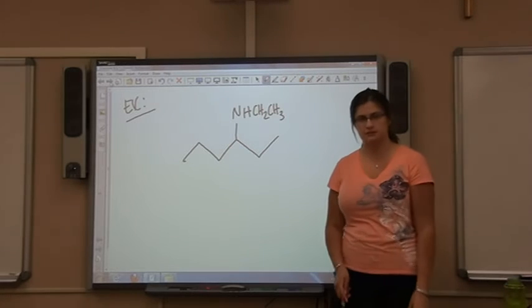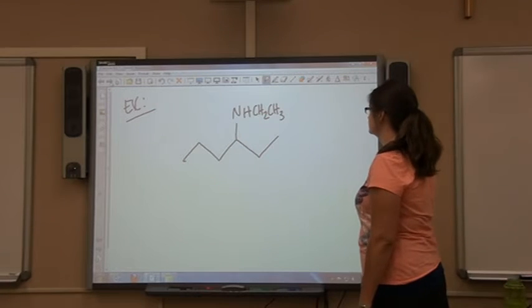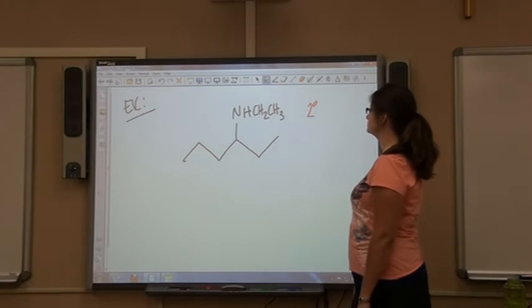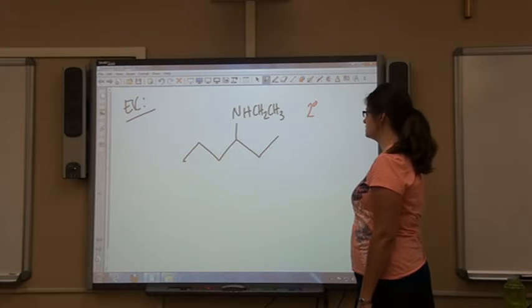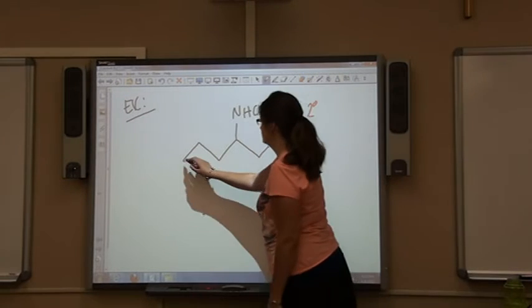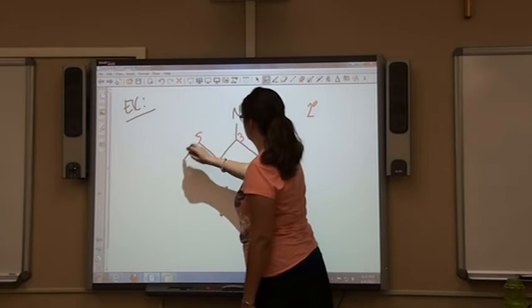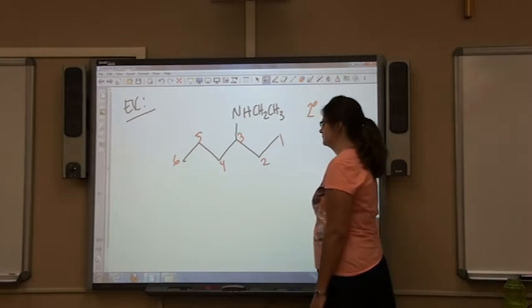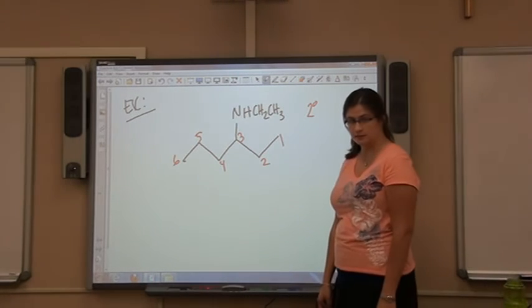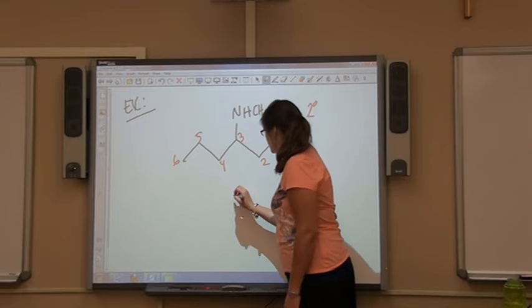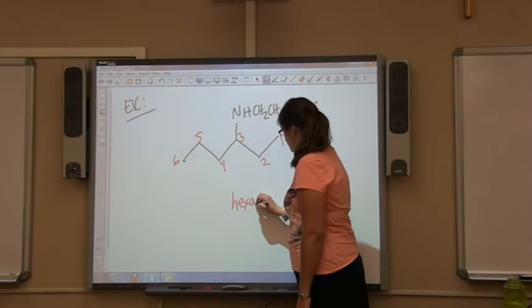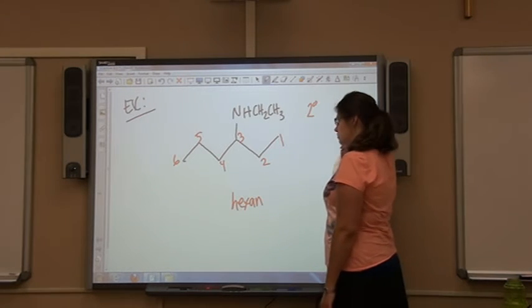What kind of amine is this? Okay, find your longest carbon chain. Okay, this is a little bit tricky. So here we have a hexane.